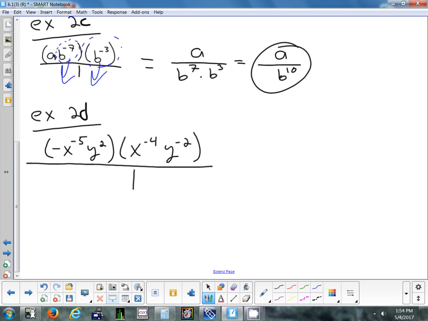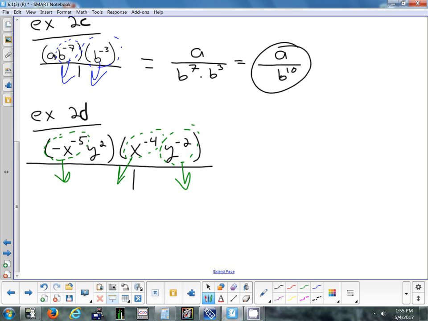Okay, somebody tell me one thing that has to move. Can't stay where it is. Negative x to the... All right, what else has to move? X to the negative 4. X to the negative 4. Y to the negative 2.